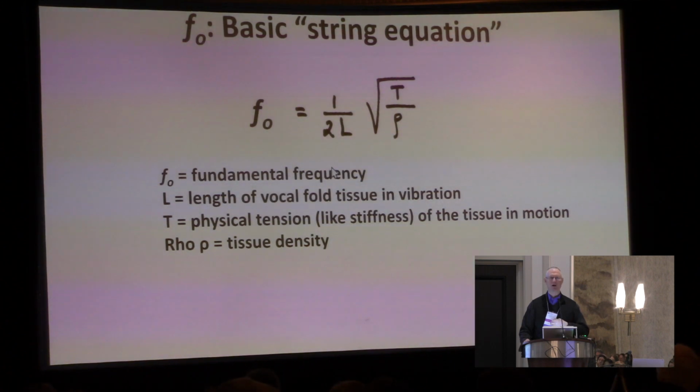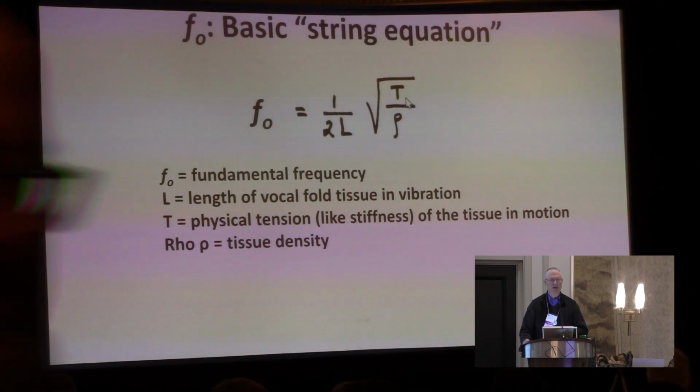When you see an expression with an equal sign, you should rejoice. On the left here is this funny little F sub O. We call it F sub O, by the way, for oscillation. This has a relationship relative to primary variables, and this is the glory of a good equation that is actually pertinent, which this is. L is the length of the vibrating vocal folds, whether they are short or long, like just demonstrated.